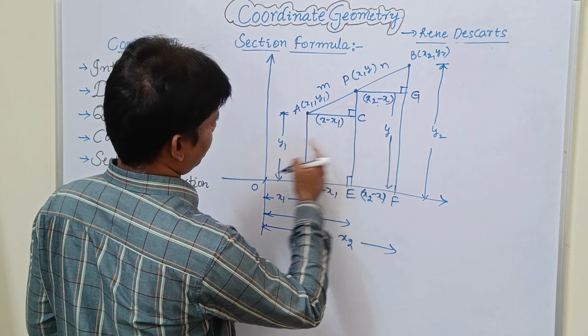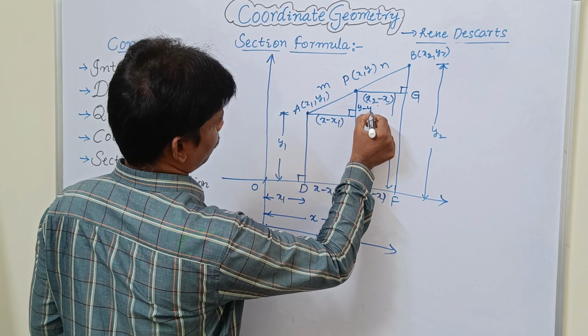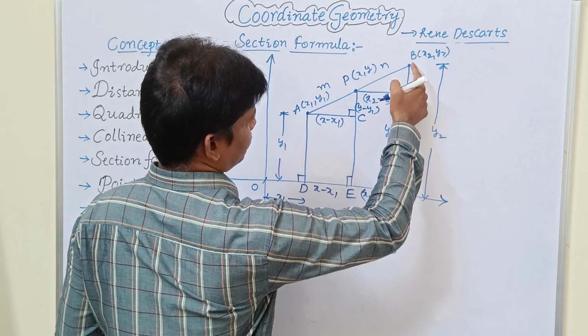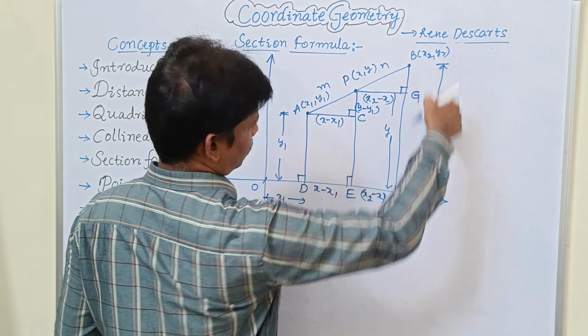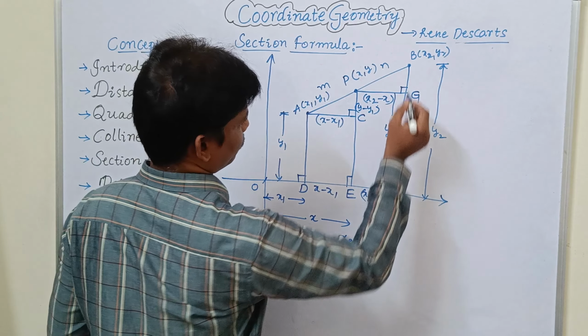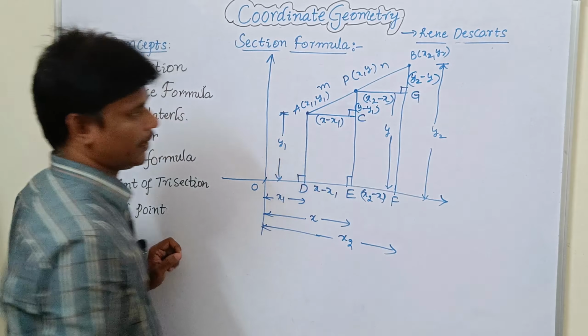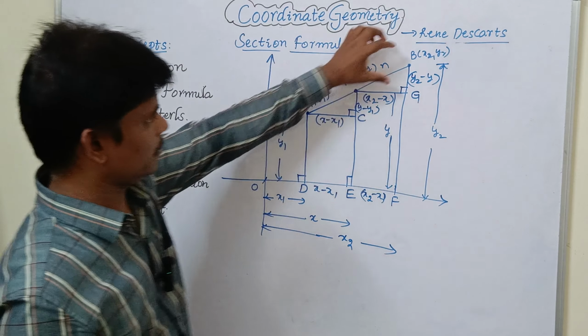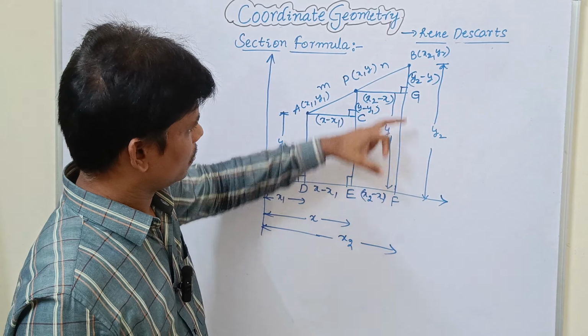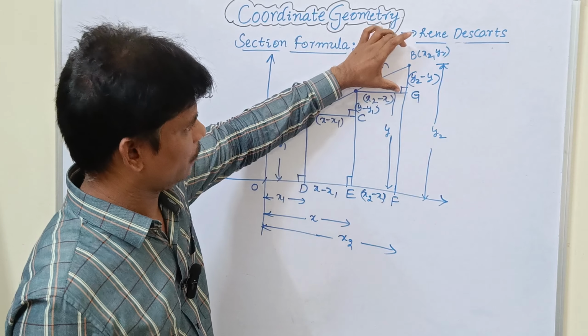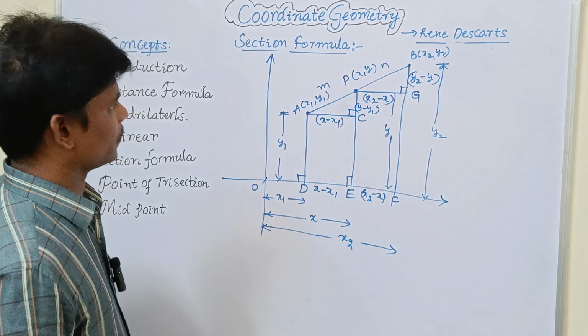Y minus y1. And the BC distance means the total distance y2, this is y. So y2 minus y. The distance of BC means total distance y2. So here the distance is y2 minus y1, and y is the BC distance.